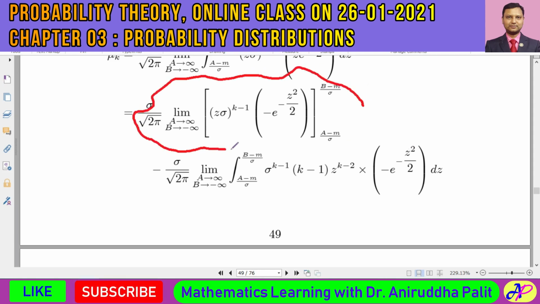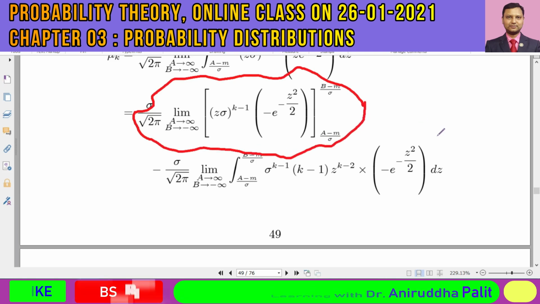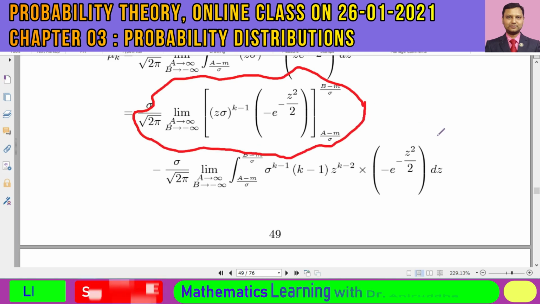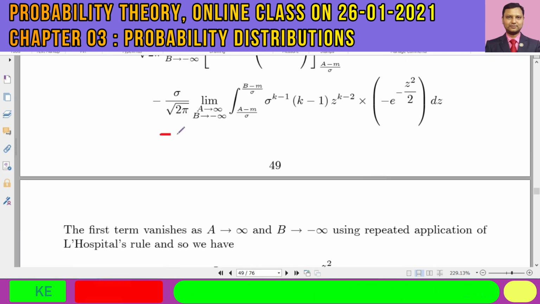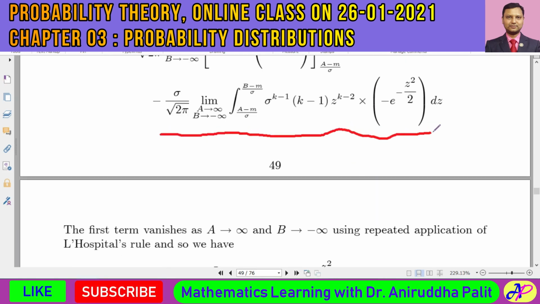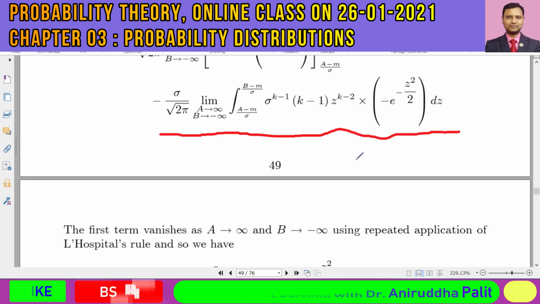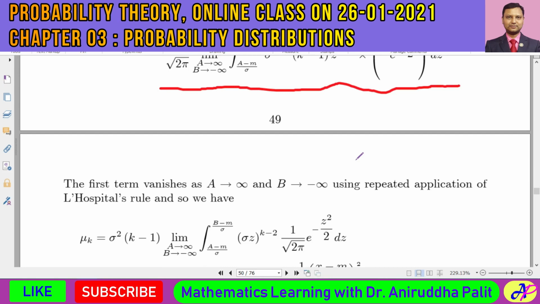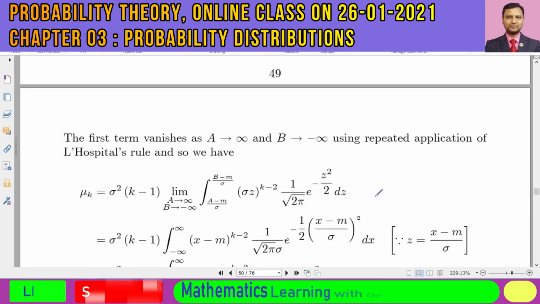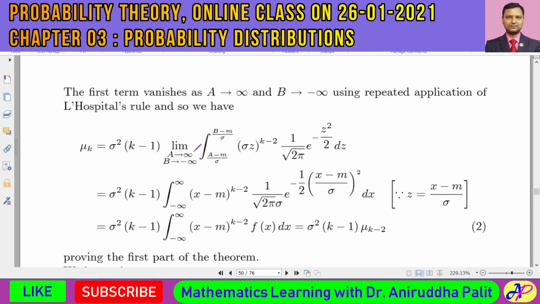The value of the entire expression becomes 0 by repeated application of L'Hopital's rule. And therefore effectively only the contribution from the second integral will take place.